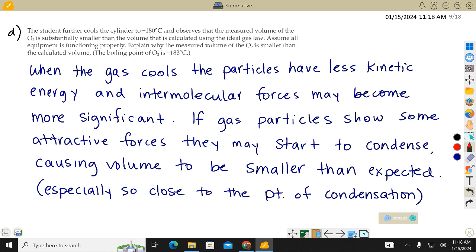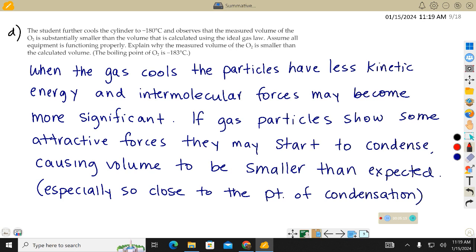So if the particles are becoming a little more attracted to each other, because again, they're pretty close to that point where they would condense from gas to liquid, I would get a lower volume than I would expect.